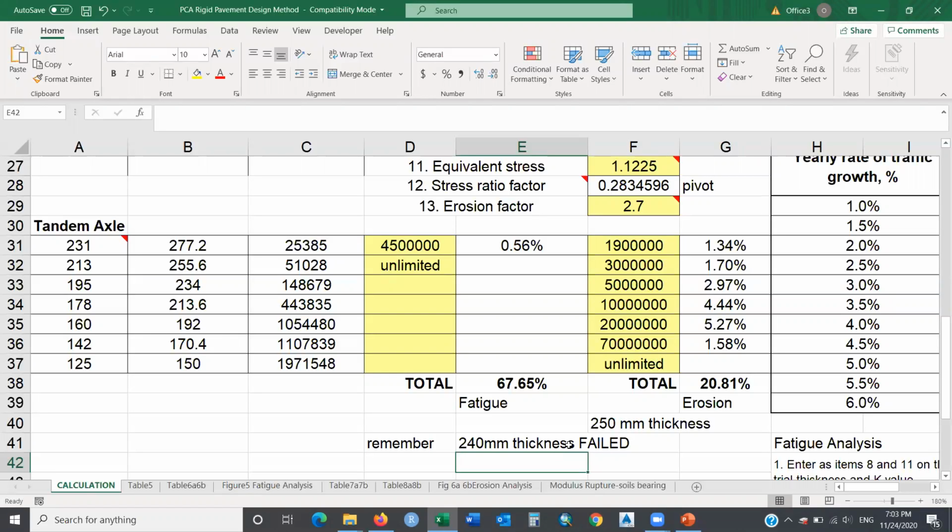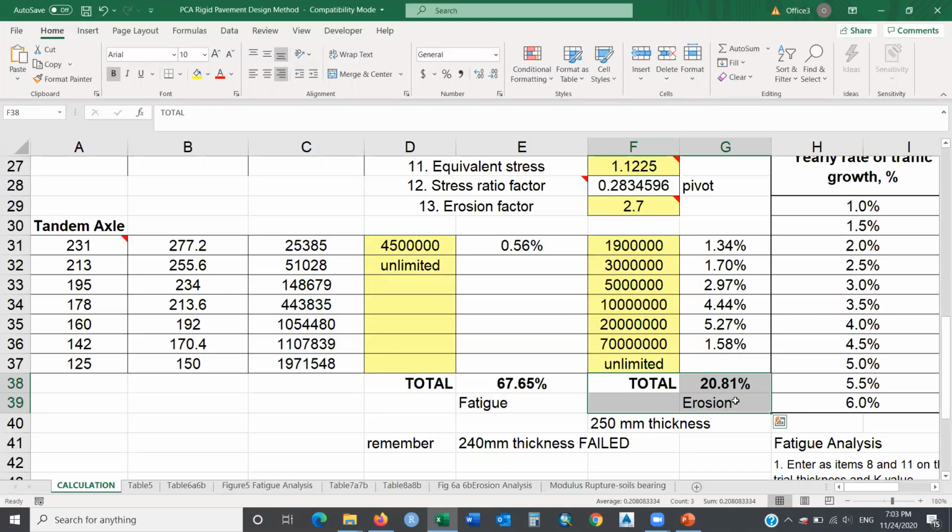Guys, I'm waiting for you. I'm sorry, what is the question? I wasn't paying attention. The question is, what do we do about this design? We have 67% fatigue. This is the percentage of fatigue. And we have 20% erosion.